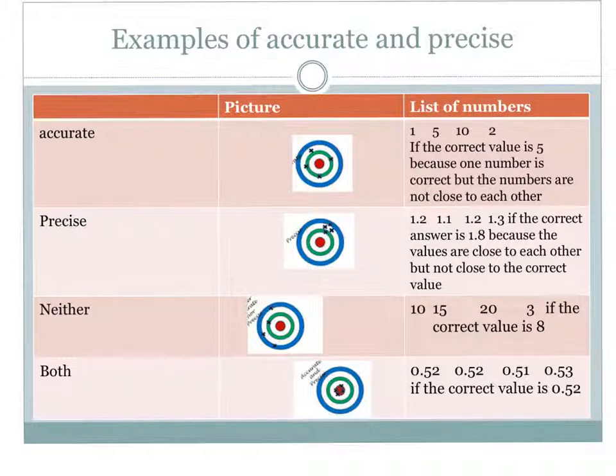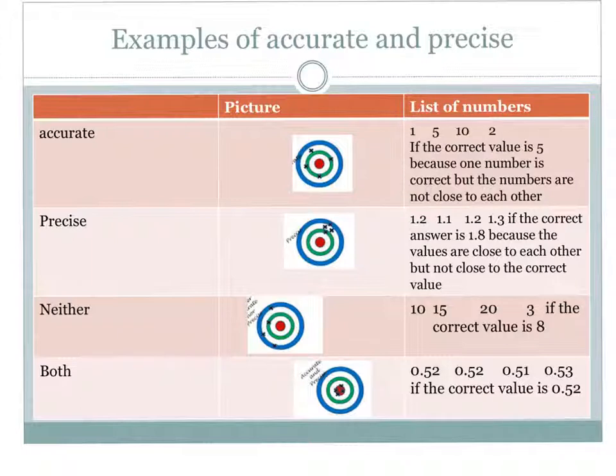Measurements can be neither accurate nor precise if none of them are the correct answer and none of them are near each other. If we were to look at numbers, we would have something such as 10, 15, 20, and 3, but a correct answer of 8. And then measurements can be both accurate and precise. Ideally, this is what we'd like.